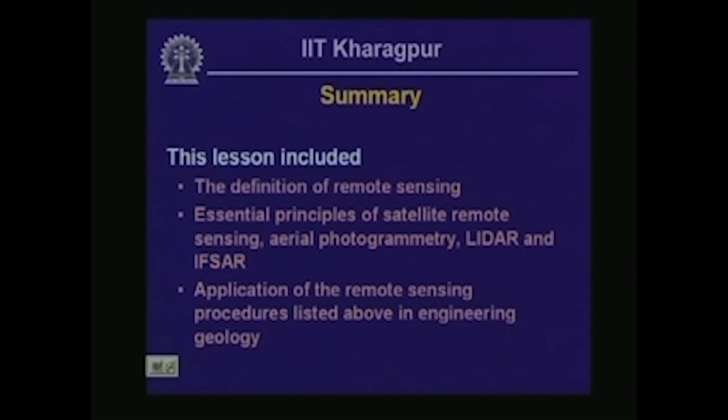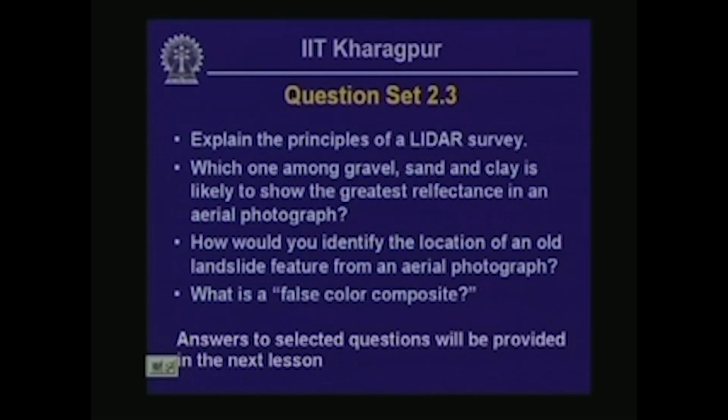We explained how satellite images are obtained, how the satellite images are interpreted, the principles of aerial photogrammetry, LiDAR and IFSAR, what the uses of these procedures are, and we looked at the application, essentially very simple applications, of these techniques of remote sensing in engineering geology.